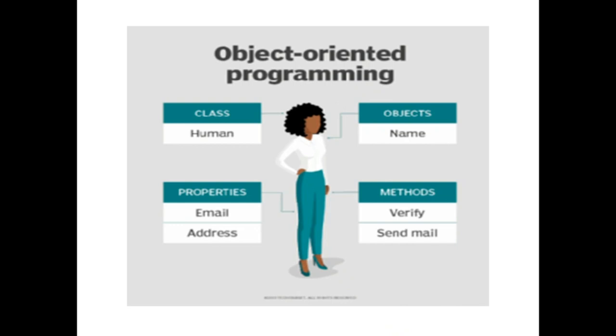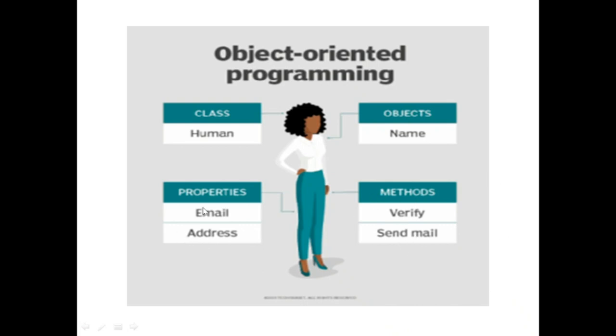not the class itself. Okay, and apart from the methods, we have one more thing, that is properties. Now, email and address are the properties which we actually define, or which help the methods to verify something.